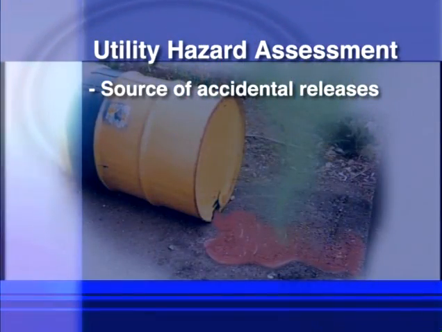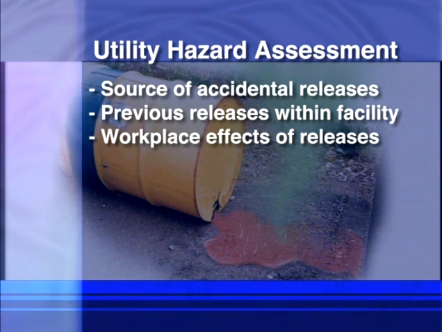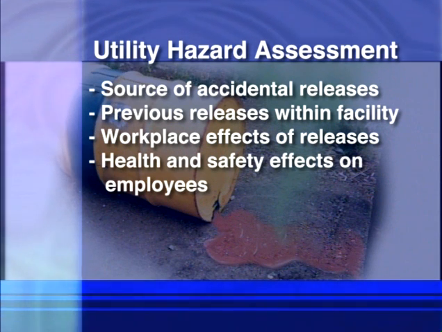To accomplish this goal, utilities should perform a workplace hazard assessment, including identification of potential sources of accidental releases, identification of any previous release within the facility that had a potential for catastrophic consequences in the workplace, estimation of workplace effects of a range of releases, and estimation of the health and safety effects of such a range on employees.